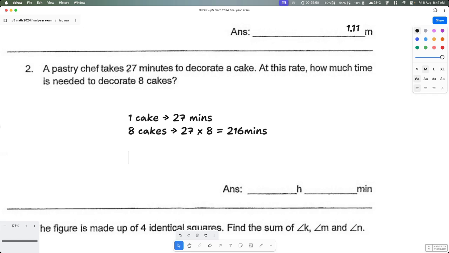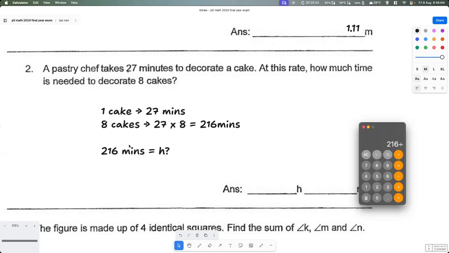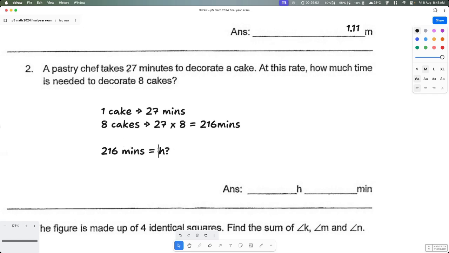All right, so this is how many hours? 216 minutes equal to how many hours? We divide by 60. 216 divided by 60 is equal to 3.6 hours.